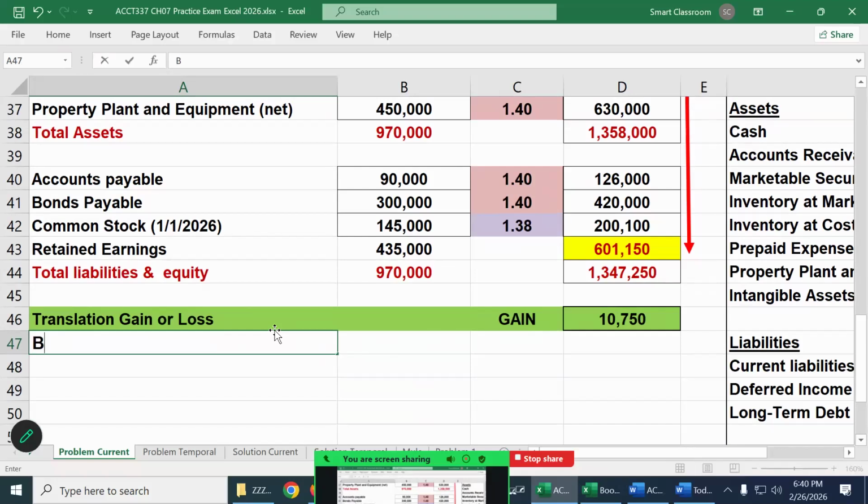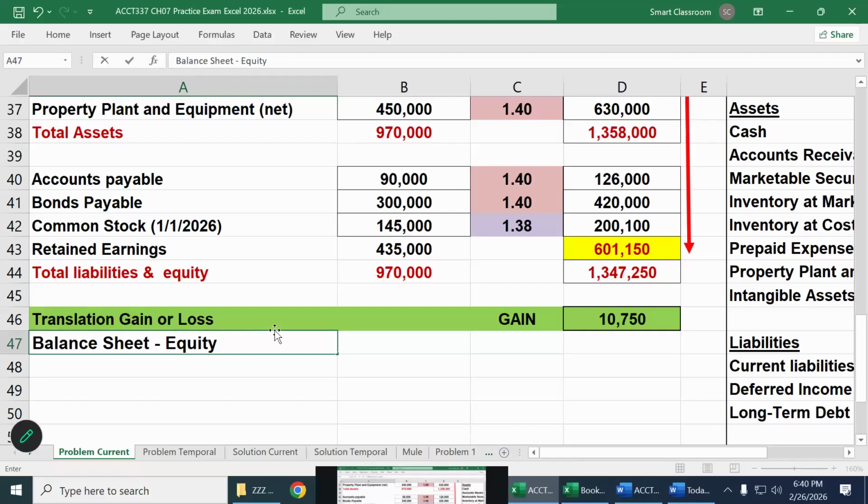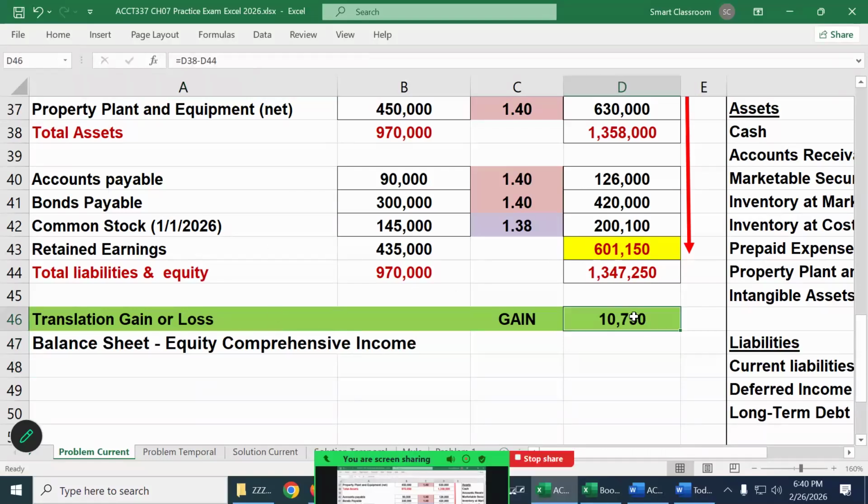So on the balance sheet, in the equity section, you would have a comprehensive income item of 10,750. And by the way, this is the first year they did this.